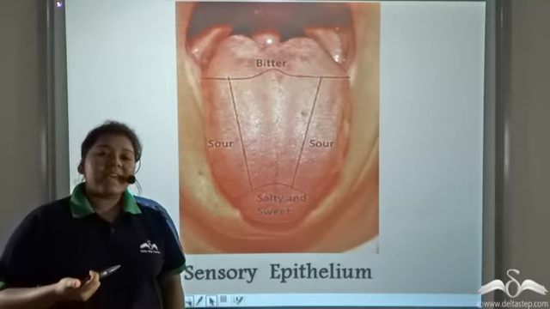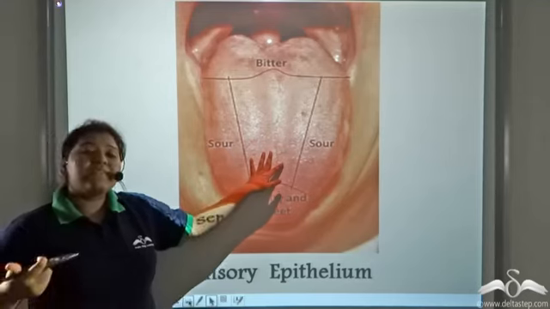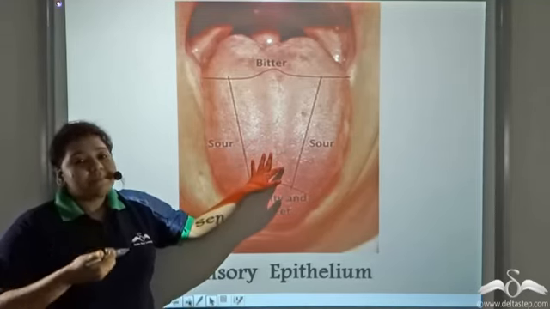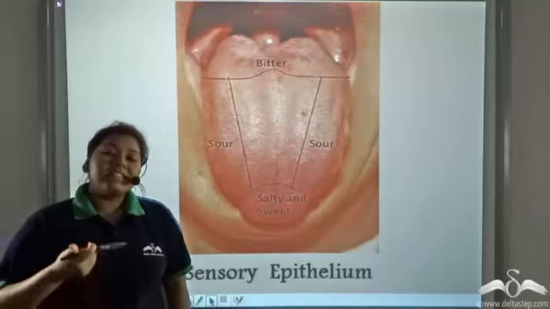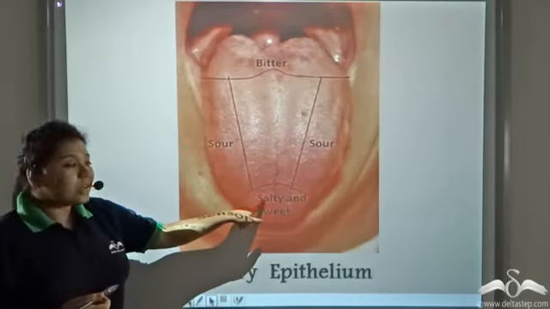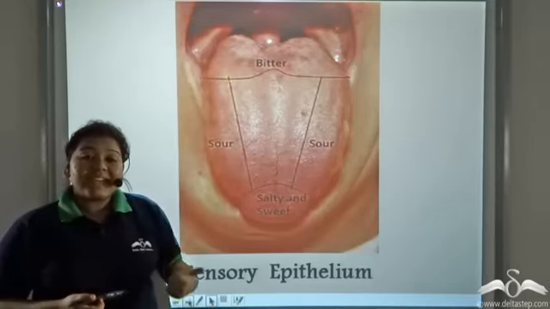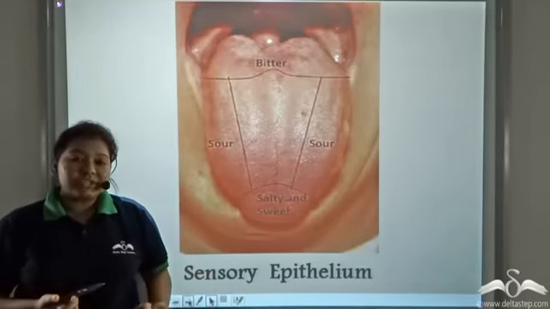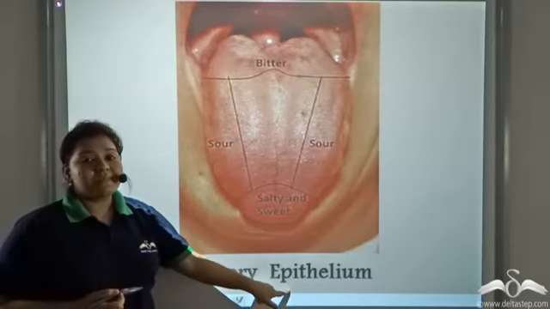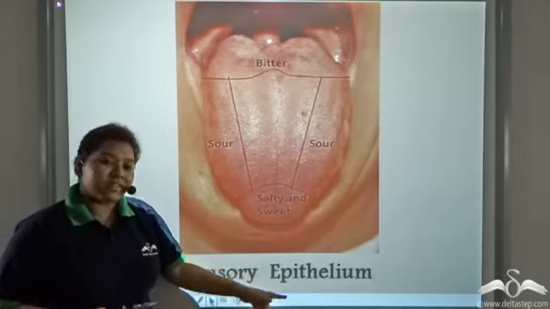So the squamous epithelial tissue present in the tongue not only gives protection to the tongue, but is also capable of sensing the different tastes in the food like sweet, salty, sour and bitter. So this squamous epithelial tissue is known as sensory epithelium because it can sense the different tastes in the food.